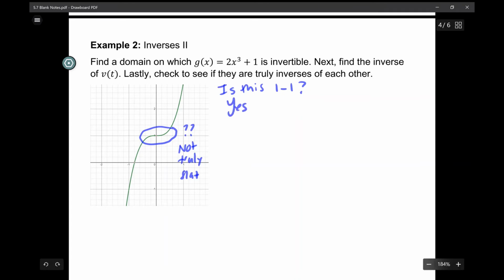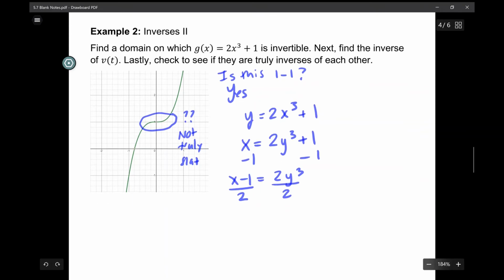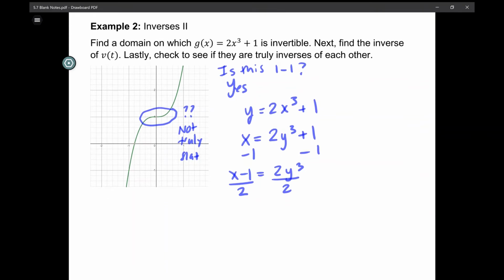So let's go ahead and do the algorithm to find the inverse. We write y equals 2x cubed plus 1. Switch x and y. X equals 2y cubed plus 1. And now solve for y. Subtract 1 from each side. X minus 1 equals 2y cubed. Divide by 2. Remember, we're doing inverse, the opposite order of operations.